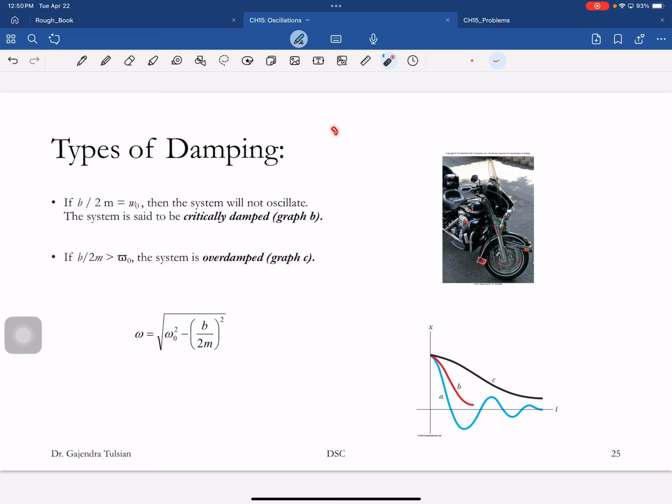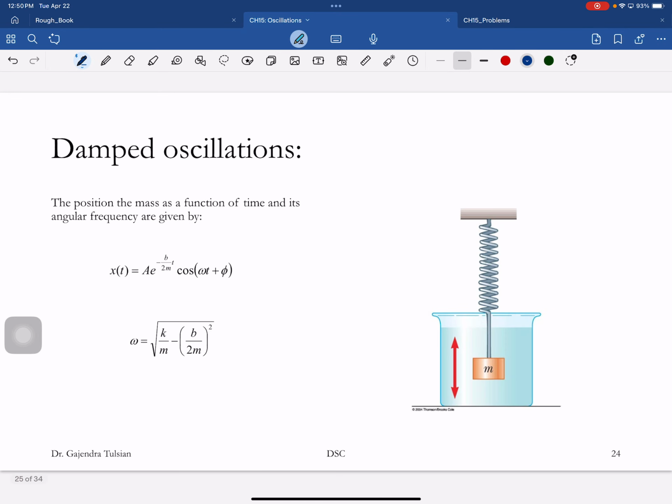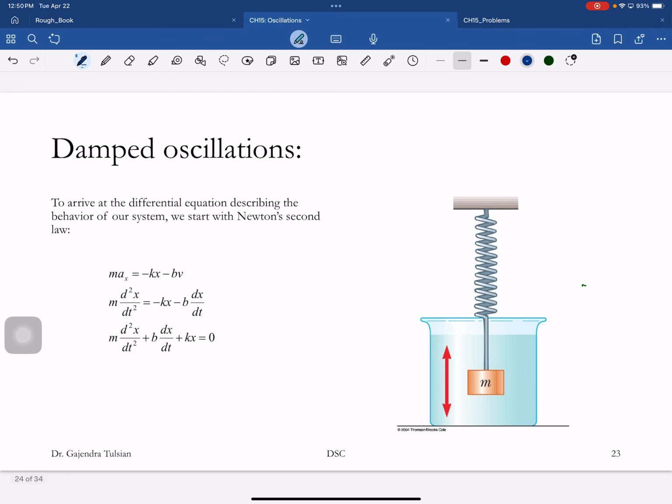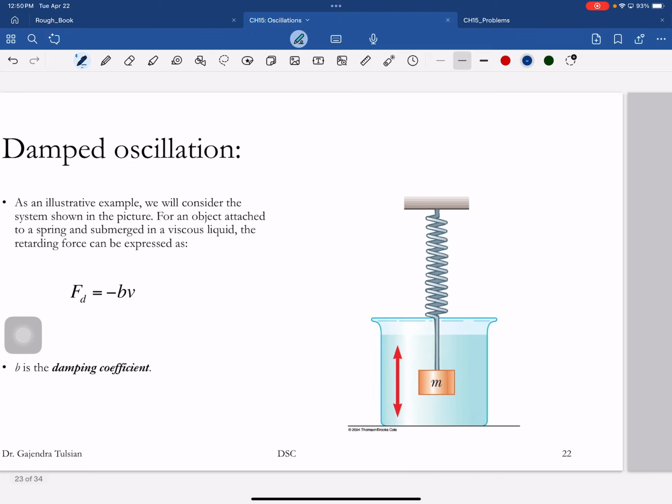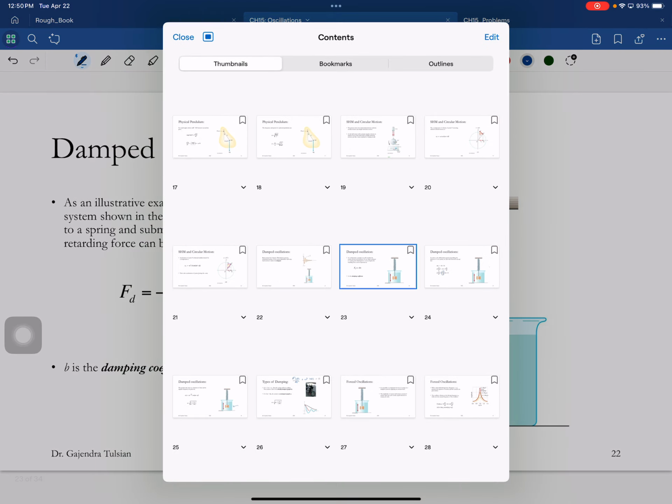So that means this is not the right equation for it. This is not the right mathematical model to describe this system. It turns out that you need this extra term. Okay, so that's the new differential equation describing that system. Okay. All right, so you guys understand all of that.